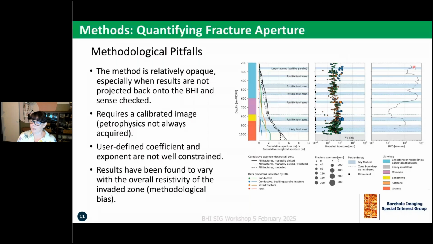But here you have the resistivity, and when the resistivity is high, the values for aperture are low, and when the resistivity dips down, the values come up, and then back the other way. In some cases we can make a geologic argument for that, but I've seen situations where you can't make an argument for that. It looks like a bit of an issue in how this method's been implemented.